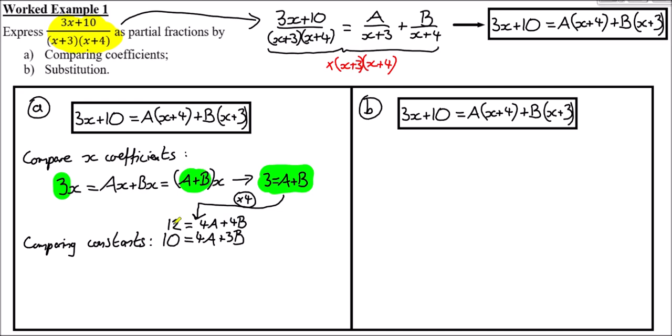And now I can solve simultaneously. So the 4A's are the same. In fact, everything's the same apart from the top equation I've highlighted in green has one extra B, and that's 2 higher. If you want to, you can just do one equation, take away the other. Either way around, you should hopefully see that B is 2.